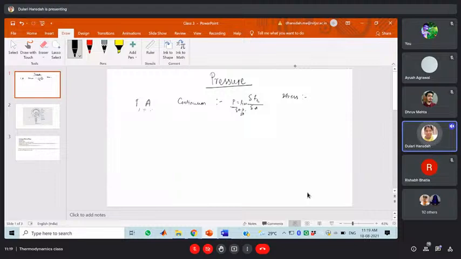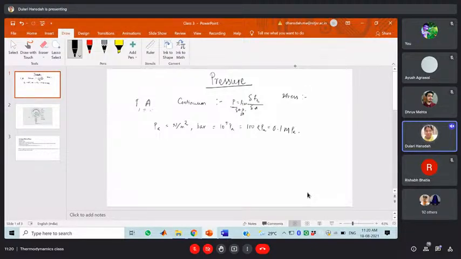The unit of pressure is what? Unit of pressure is your Pascal. The Pascal is Newton per meter square. Also we are representing it in terms of the bar. So one bar is equal to 10 to the 5 Pascal, which is also equal to 100 kilopascal, and also equal to 0.1 megapascal.